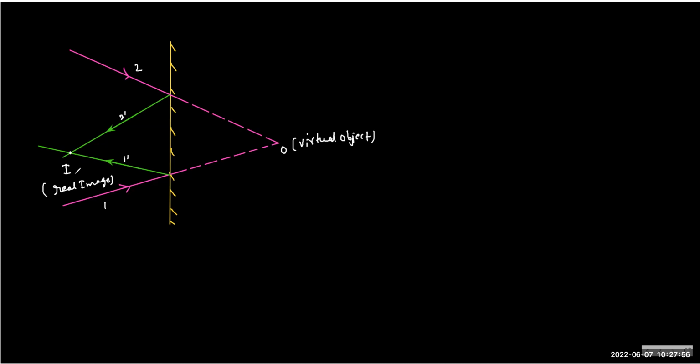So the way to say it is plane mirror forms virtual image of real object and vice versa. Okay, that is the takeaway.